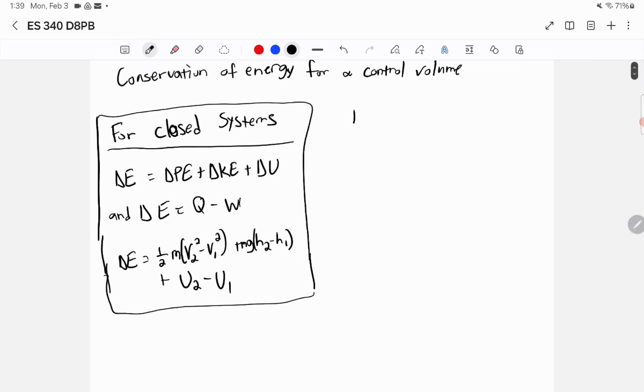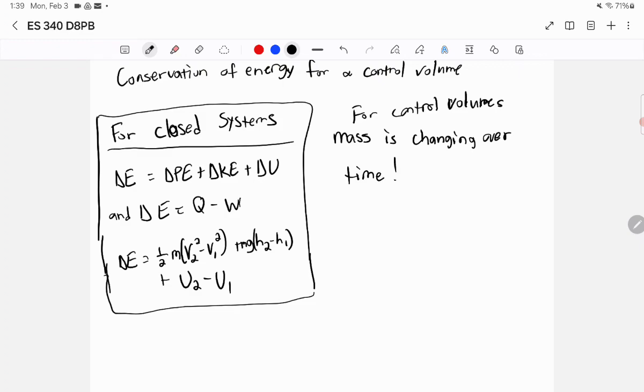Now for control volumes, mass is changing over time. This is really a key part of this problem. And since the mass is changing, notice that we have a term that contains mass here, and a term that contains mass here.